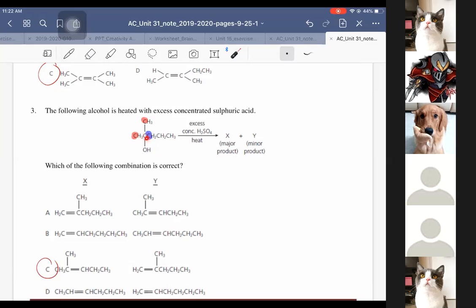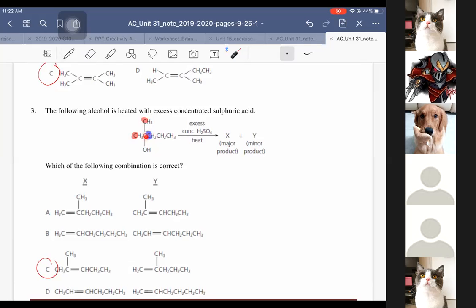But the blue one is bonded to 2 carbons, so 2 alkyl groups and 2 hydrogen atoms. So the blue one we say is disubstituted, but the red one is monosubstituted.